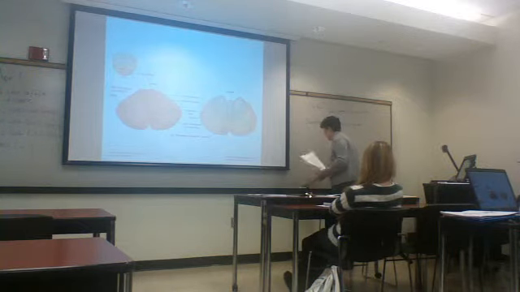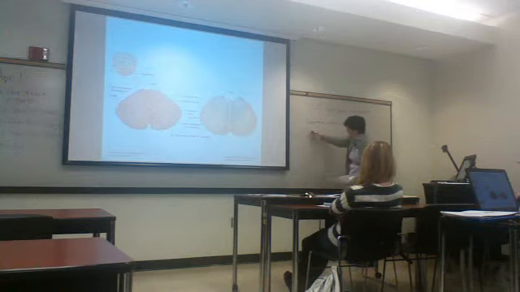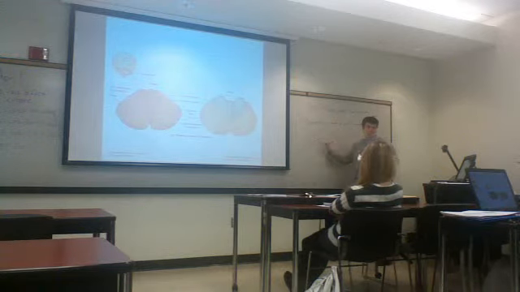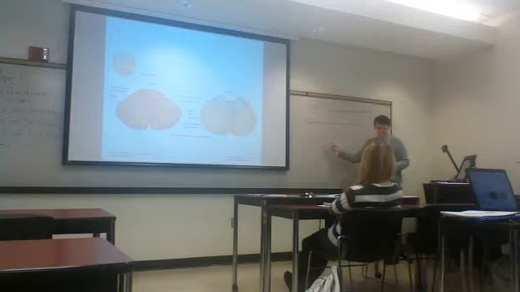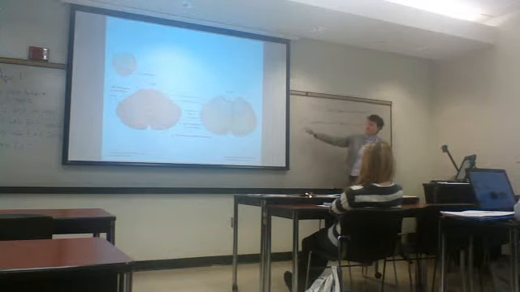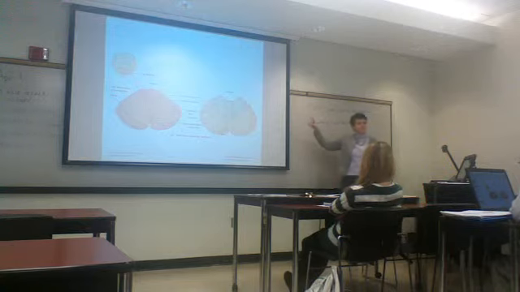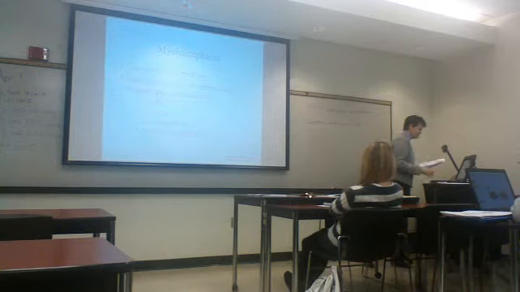It looks like a tree, with a tree branch on the inside. Just like that, okay? This is called the arbor vitae, the tree of life. Okay. So again, motor structure, hugely important. It's important because it can learn and it can correct, right? It can correct its behavior.